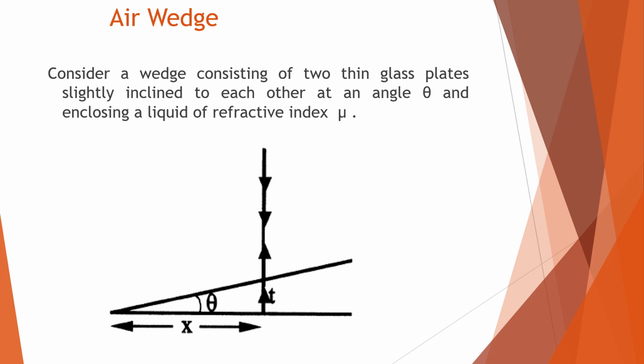Whereas in air wedge, we start the essay by saying that there is a liquid film between the two glass plates. Later, when you put mu equal to 1 in this essay, you will get air film instead of liquid film.